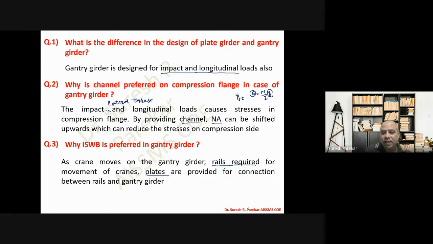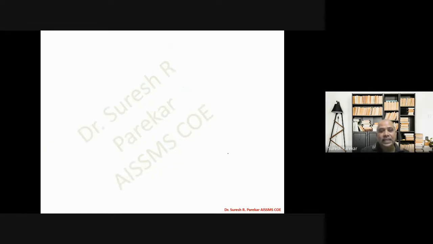To satisfy this requirement of rails and its connection we are going to provide ISWB. W means we have wide flange beam, and as we have wide flange available, the width available on compression flange will be more, which will satisfy our requirement of movement of our rails.